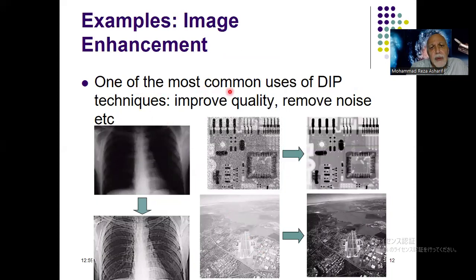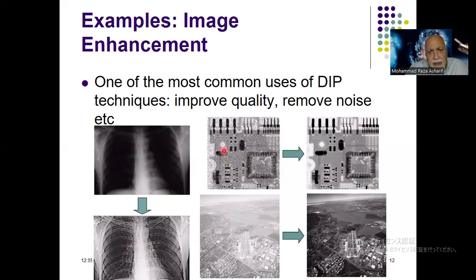One of the most commonly used DIP, digital image processing, techniques is to improve quality and remove noise. This is the first level, maybe. For instance, this is an X-ray of the chest after a high pass filter or maybe high boost, which I will explain later. The bones are clear here, but not here, so the physician can recognize whether there is a fracture.